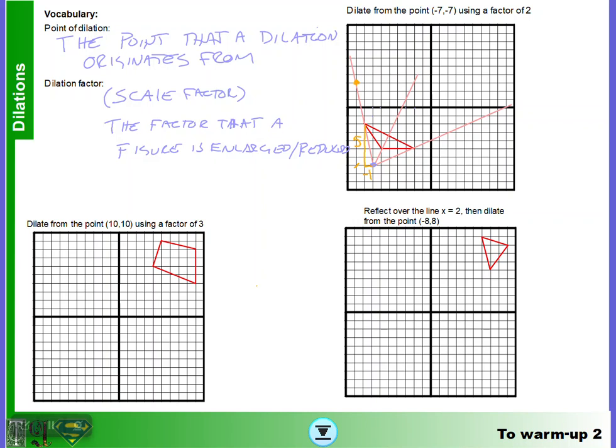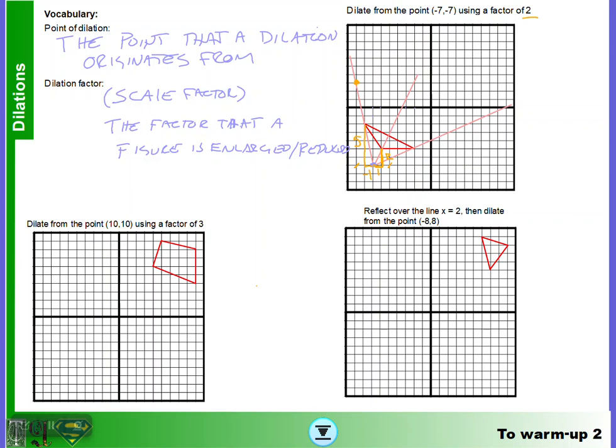All right. So then I will repeat that process for my other 2 points. From the center of dilation to this corner right here, the closest corner, how far over, how far up? Over 1, up 2. So that's +1 and 2. So +1 times a factor of 2 is 2.